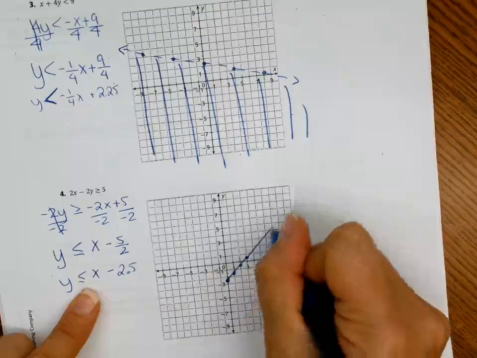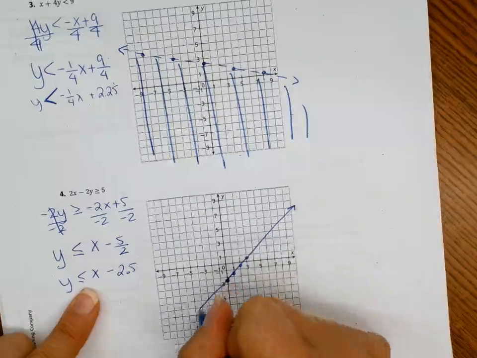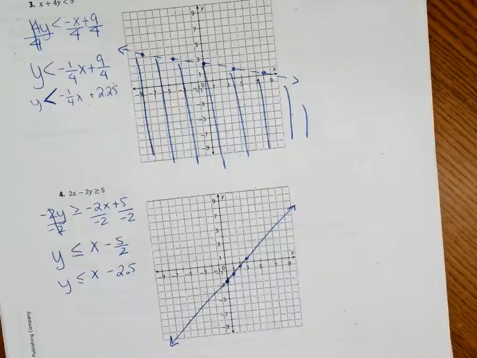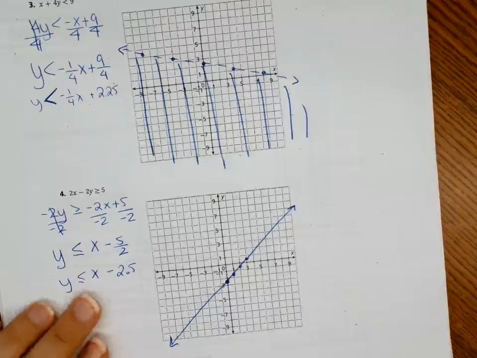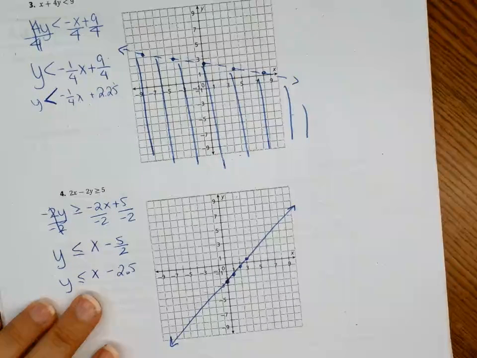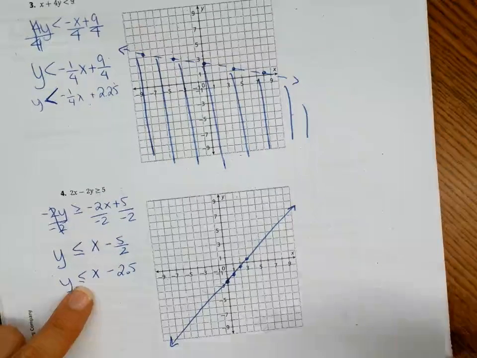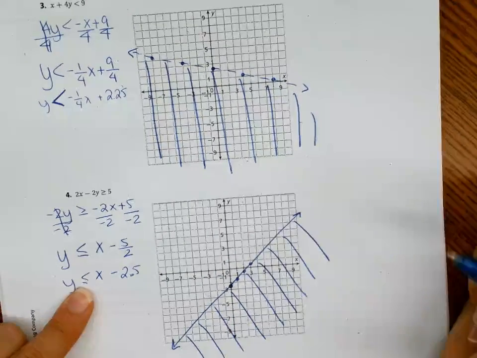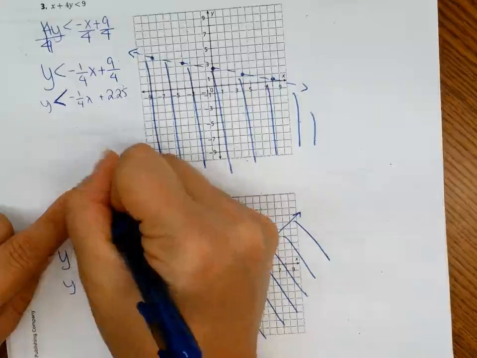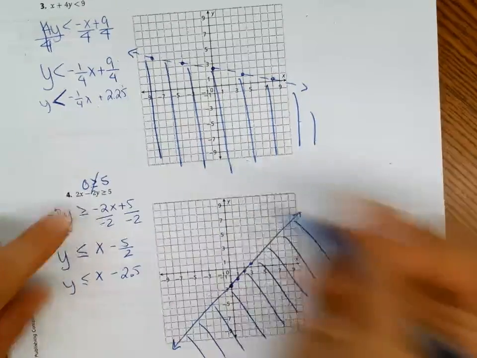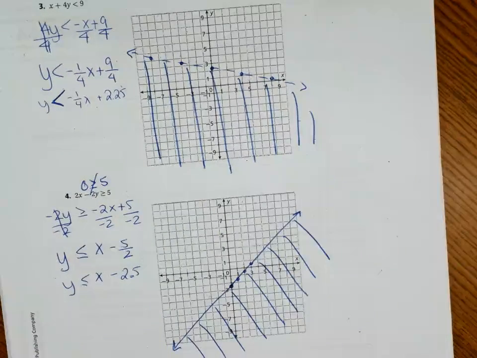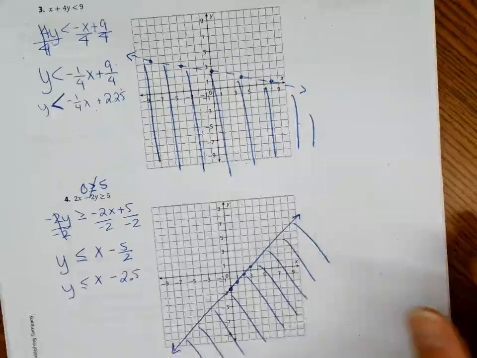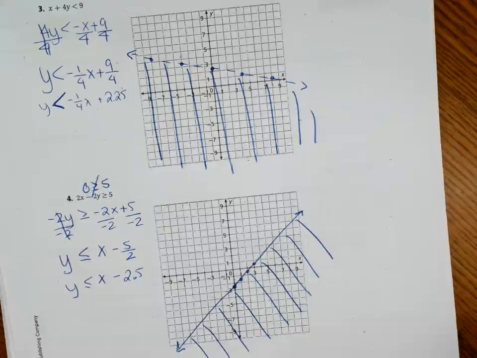Solid line, because it's an or equal to. Y is less than or equal to. Shade down. Let's just double check. If I plug in 0, 0, it better not work. 0 is greater than or equal to 5? No, it will not include 0, 0. And it doesn't, so we know that we didn't screw anything up. Okay, it's good, right?